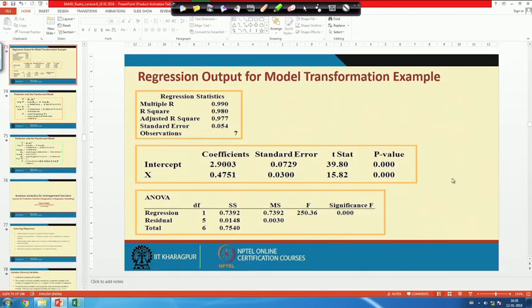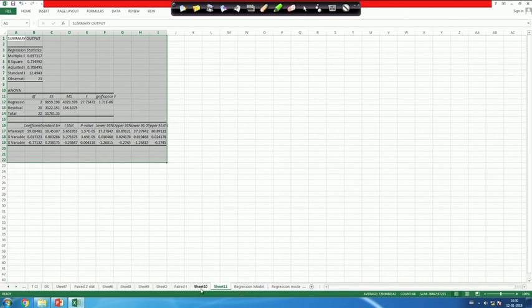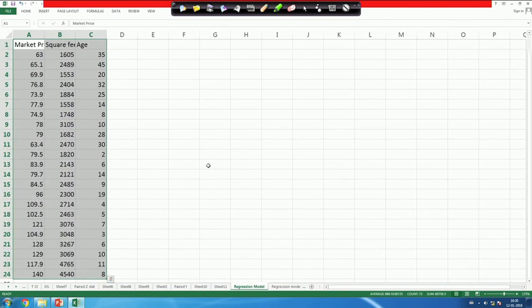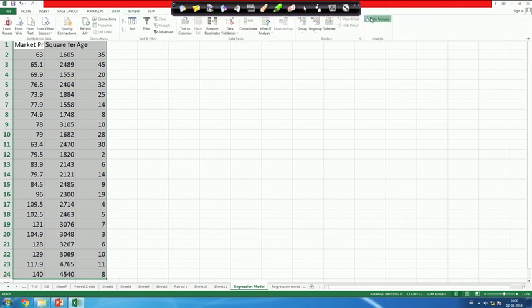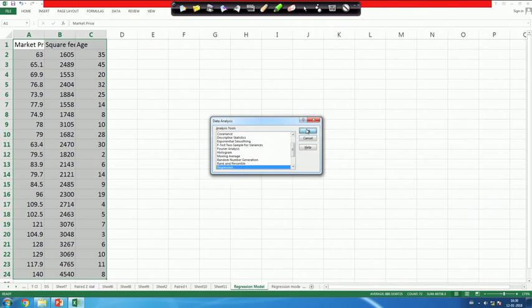So what will you do here? I will take the problem which we have already discussed earlier. Again you go to the data analysis package, choose regression, and okay.